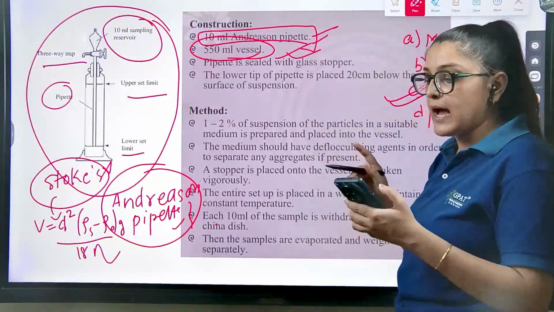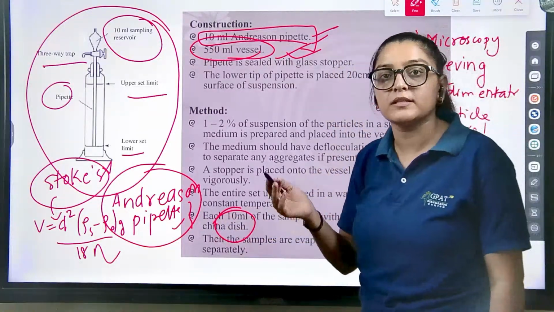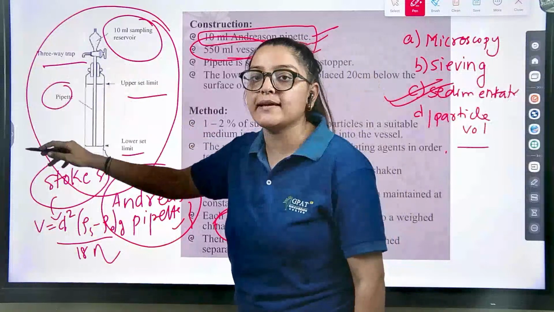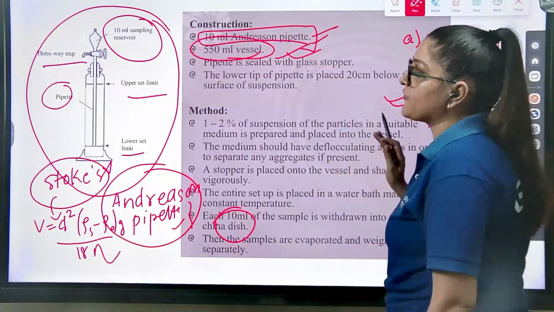So you can be asked, only a 10 ml sample can be withdrawn from this at once. Whole capacity is 550 ml. Okay, that's it. You don't have to remember anything else.